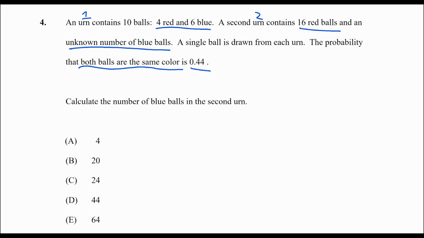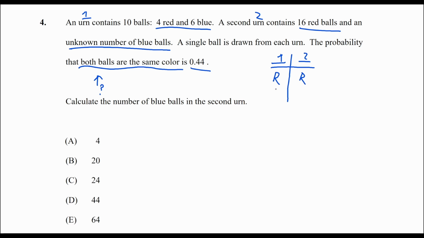So, what are the different possibilities of getting both balls the same color? I'm going to start writing out the different possibilities. This is going to be urn number 1 and urn number 2. For urn number 1, you can have a red ball, and urn number 2, you can have a red ball.